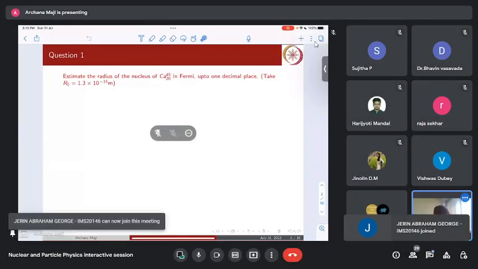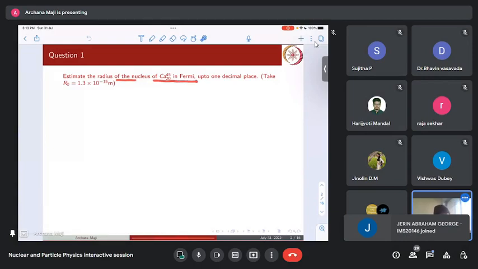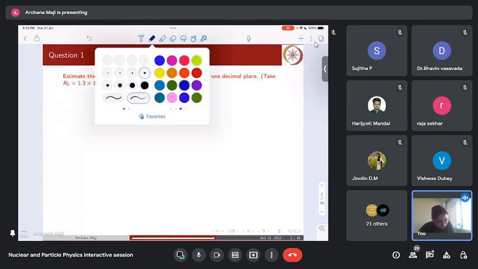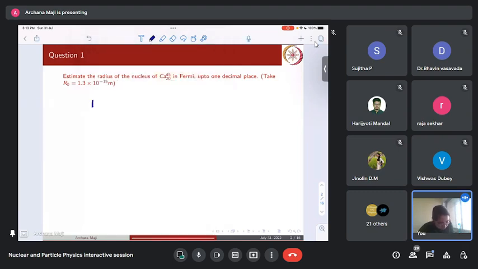So the first question: we have to estimate the radius of the nucleus of calcium in Fermi up to 1 decimal place. In order to solve this, we need to know the formula of the radius and how it is related to the mass number, the atomic mass of any nucleus.